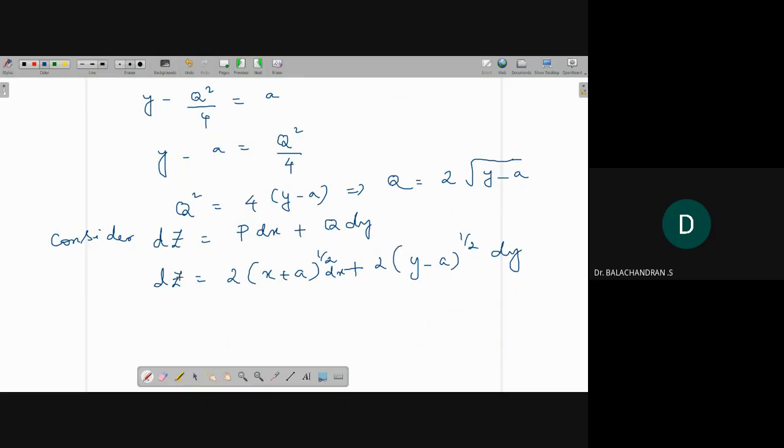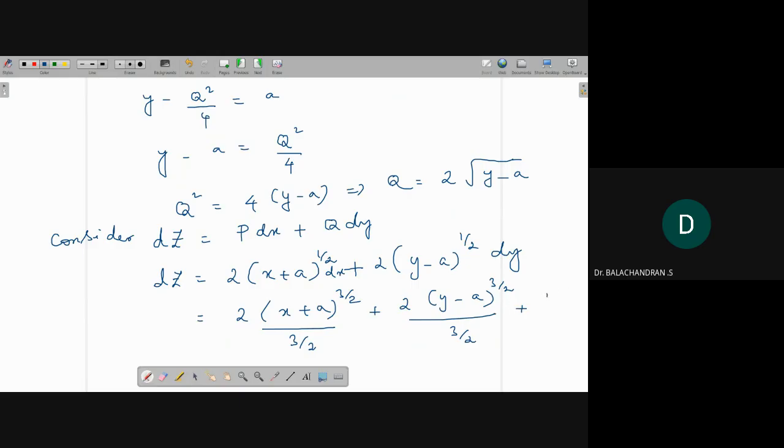Now, if you integrate, what you will get? To integrate 2 into x plus a whole power 3 by 2, divided by 3 by 2, plus 2 into y minus a whole power 3 by 2 by 3 by 2 into minus 1 if you differentiate y minus a, because coefficient of y is 1, plus some constant.